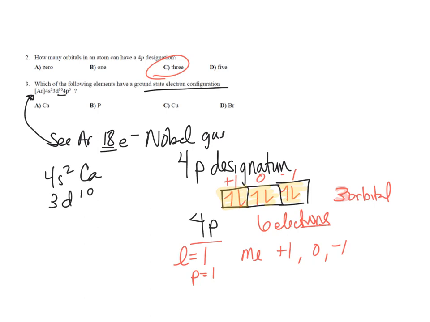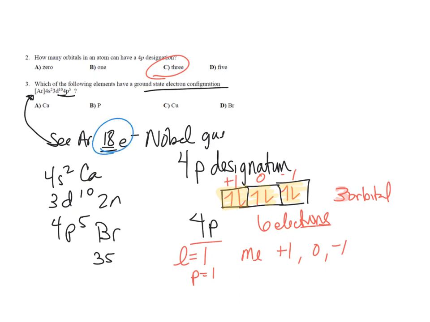3d10 gets me all the way to zinc. And then I'm at 4p5. And 4p5, when I count over 1, 2, 3, 4, 5, I'm at bromine, which has 35 electrons. And you can add these electrons together.